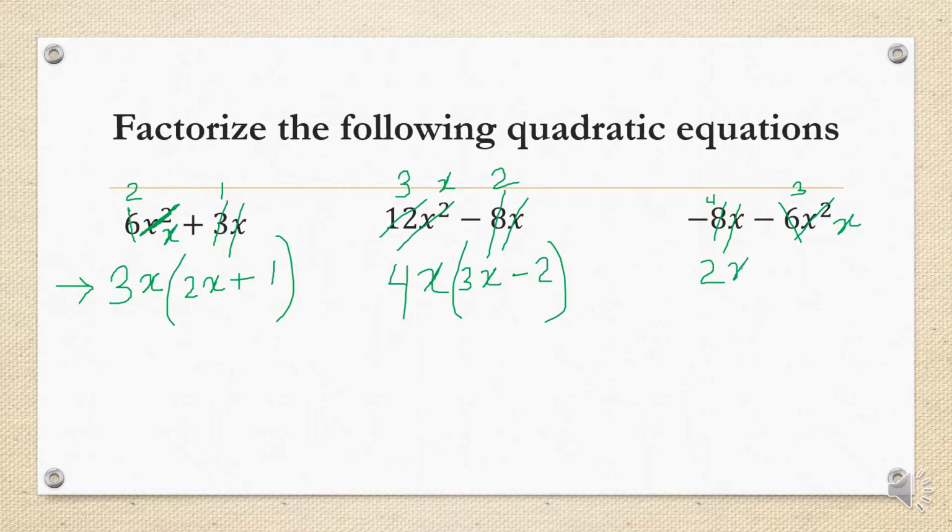So the x comes outside. Now in brackets, I'm going to put what remains. Okay? What remains? Minus 4 minus 3x. So this is how we factorize.